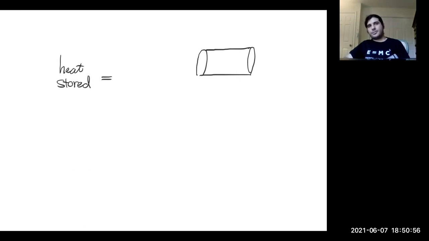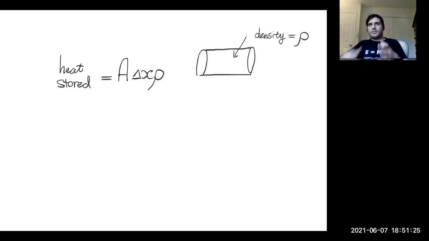So first of all, it's proportional to the volume, which is again A times delta X. Another thing it's proportional to, apparently, I'm not a physicist, I guess you should ask an engineer or a physicist, but as the book says, when we have higher density, we can store more heat in that region. So if we show density with rho, we should multiply by rho because it's also proportional to density. If you double the density, if it's something more dense, you can store more heat.